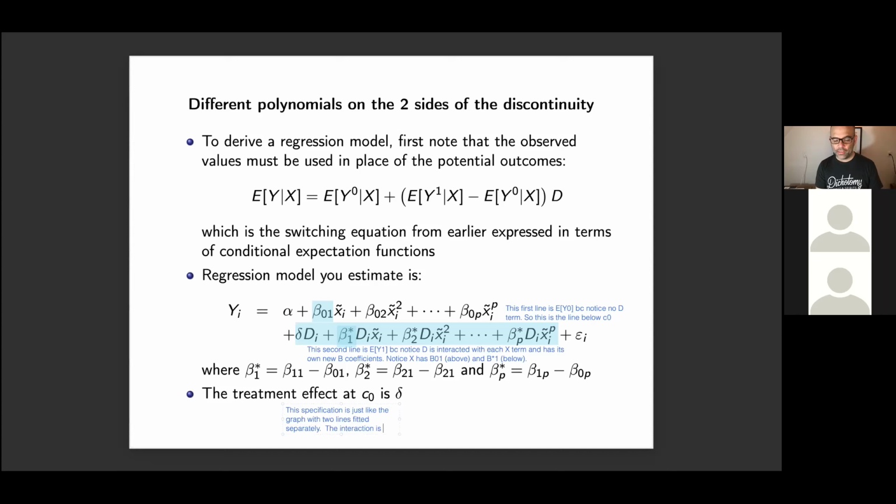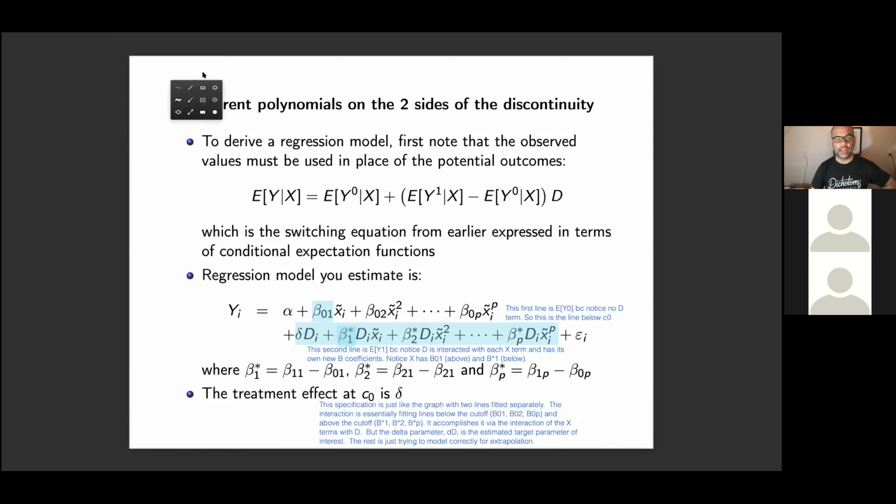The interaction is essentially fitting lines below the cutoff, that's beta 0,1, beta 0,2, through beta 0,P, and above the cutoff, beta star 1, beta star 2, through beta star P. It accomplishes this via the interaction of the X terms with D. But the delta parameter, the DD, is the estimated target parameter of interest.